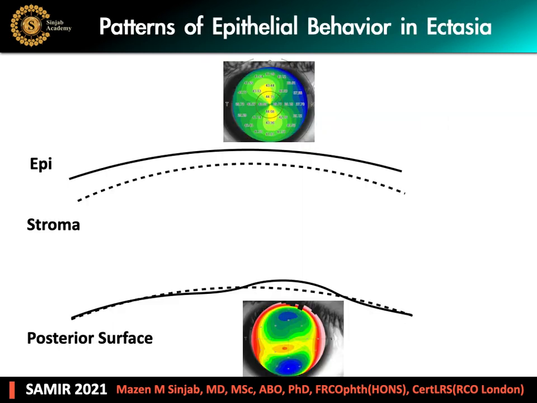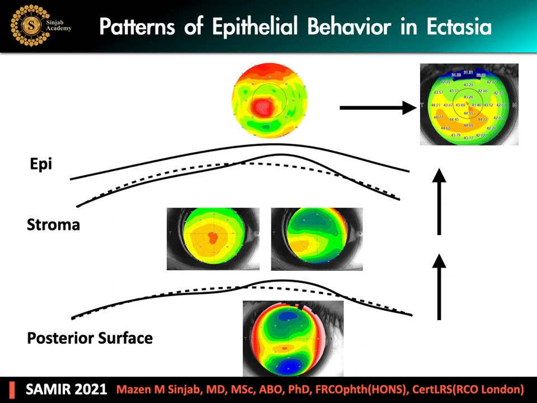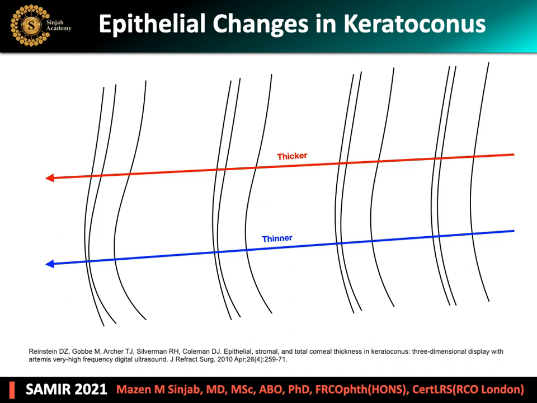However, we have to know that the epithelium does not show the progression until late stages, because ectatic corneal disease usually starts on the posterior corneal surface, and any change on the anterior corneal surface can be compensated by the epithelium in order to keep the anterior surface of the cornea very smooth and regular. And when irregularity starts showing on the anterior maps, it means that the epithelium cannot compensate anymore. But that does not have anything to do with the progression.